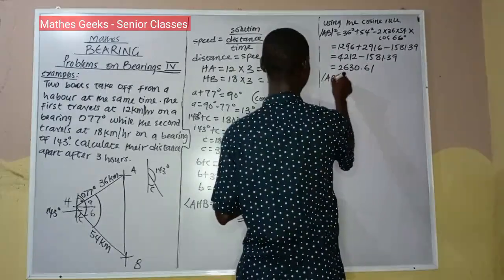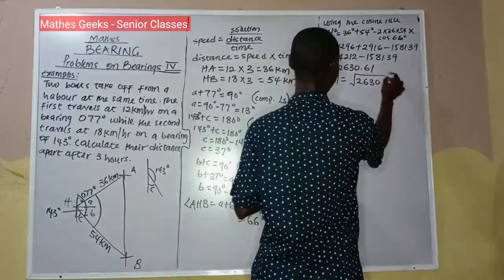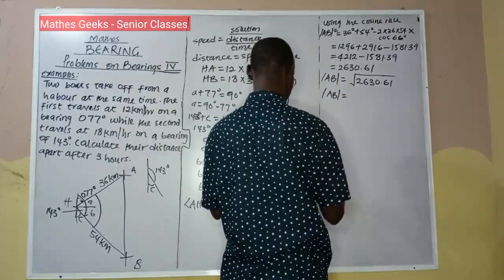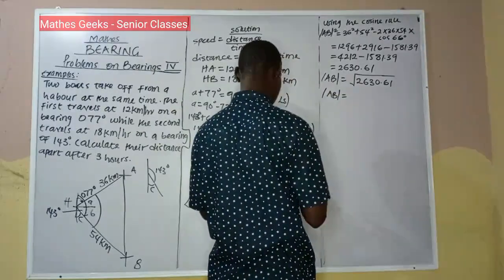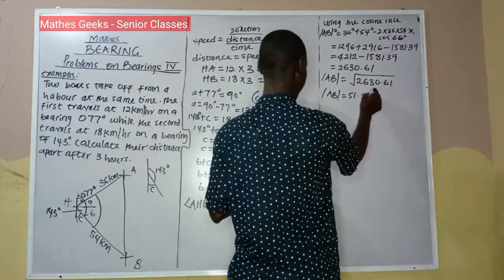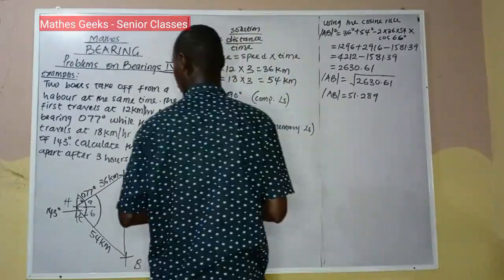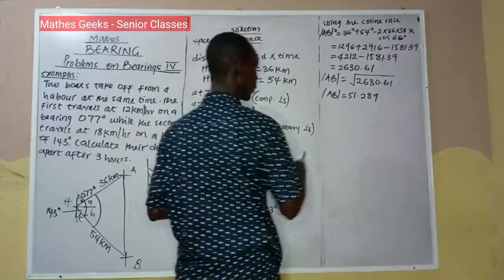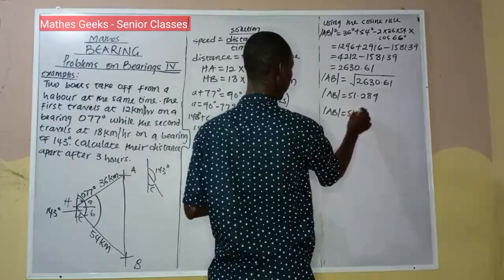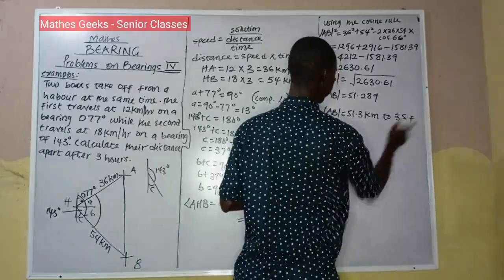Now AB is the square root of that, line AB is 51.289. Let's cut our answer to three significant figures. AB equals 51.3 kilometers to three significant figures.